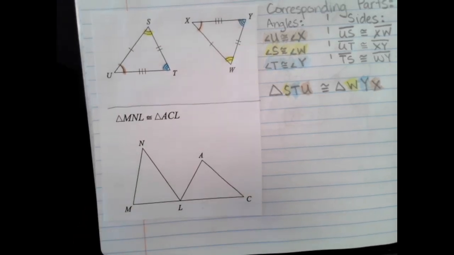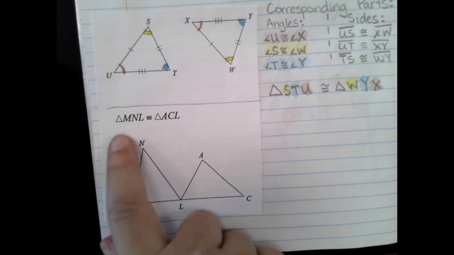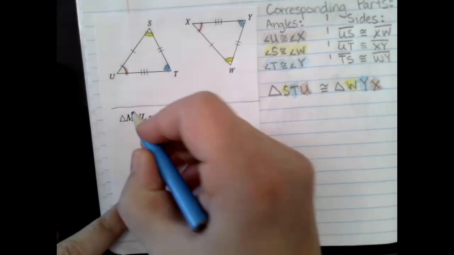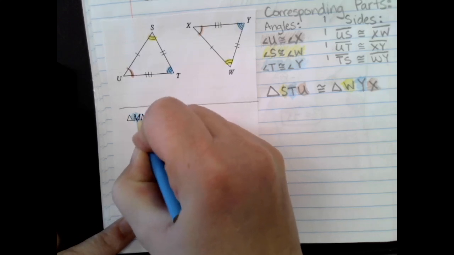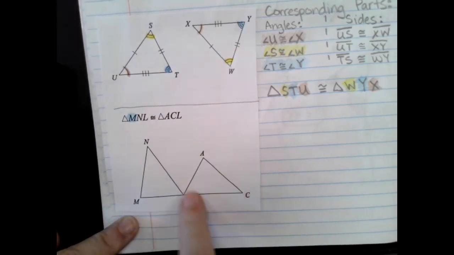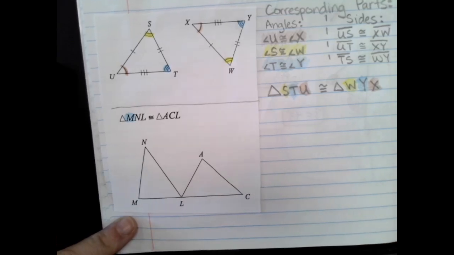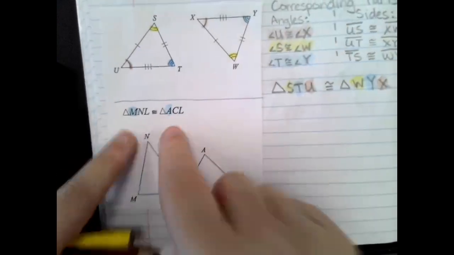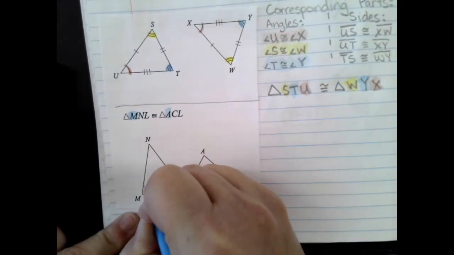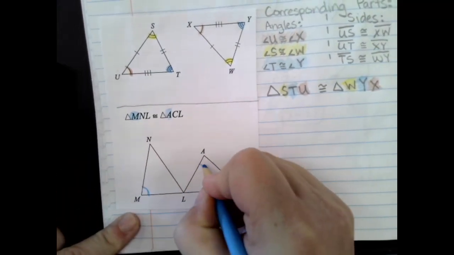So I always like to just start with my angles. So angle M is going to be congruent to what angle in this triangle? A. How come? Good, they're the first letters. So I'm going to mark that angle M gets one little arc, angle A gets one little arc.